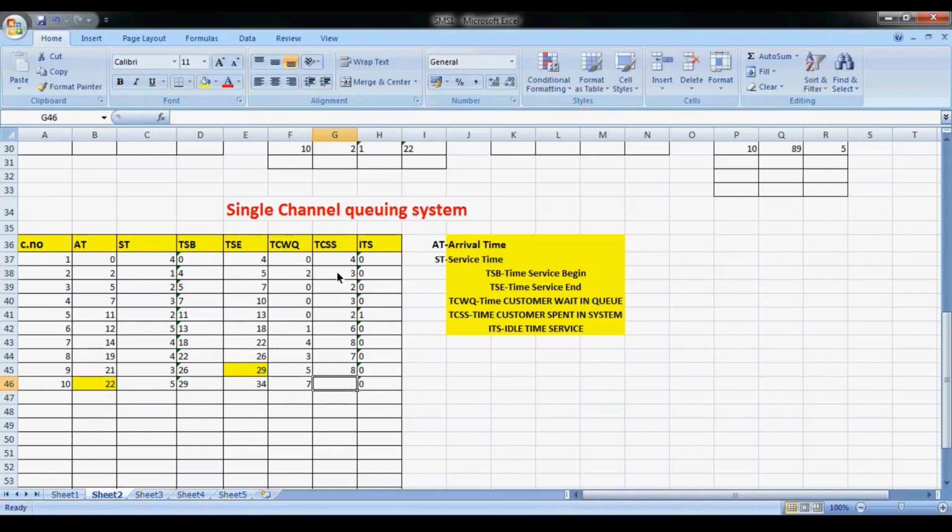Next, to calculate the time customer spent in a system, time service end minus arrival time, that is 34 minus 22, gives 12 minutes. 12 minutes the customer is spent in a system. This is a single channel queuing system problem.